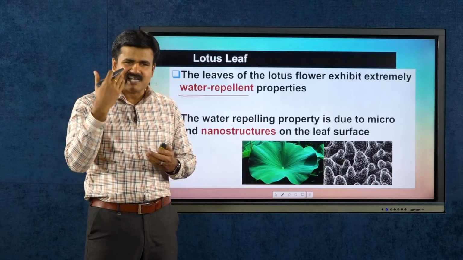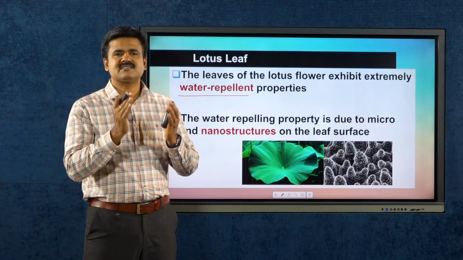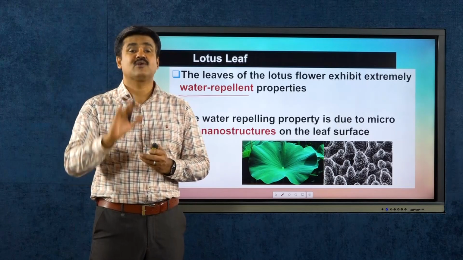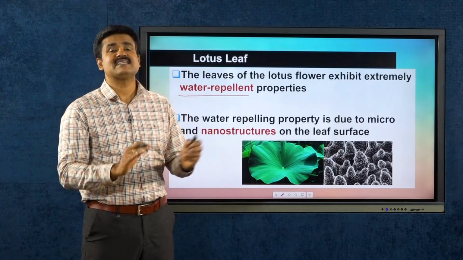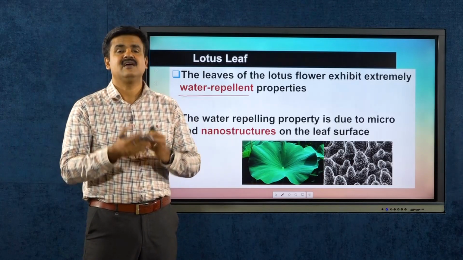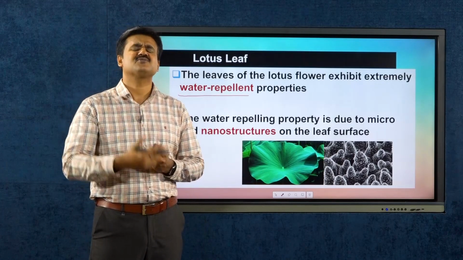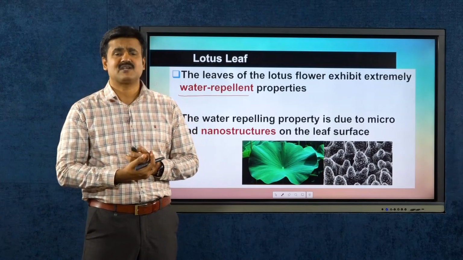That water repellent property is due to the presence of some nanoparticles or nanostructures on the surface of the lotus leaf. How can we make sure of the presence of nanoparticles at the surface of the lotus leaf?